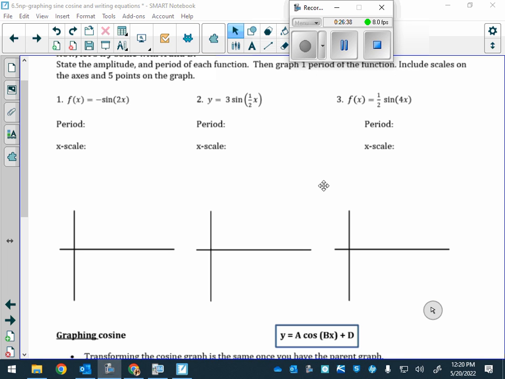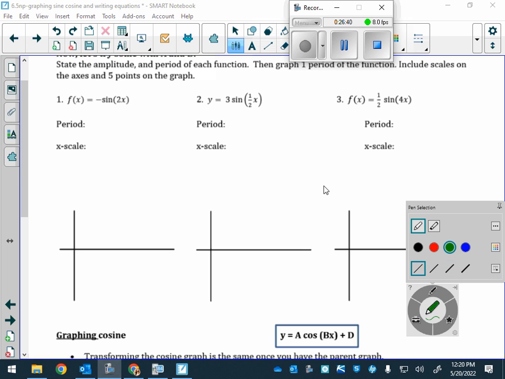All right, for number 1, what was the period? Pi, good, because we had 2 pi over 2, which is pi. What is the increments? Pi over 4, good. So we have pi over 4, pi over 2, and pi.